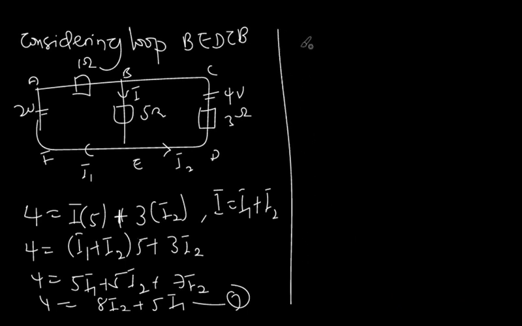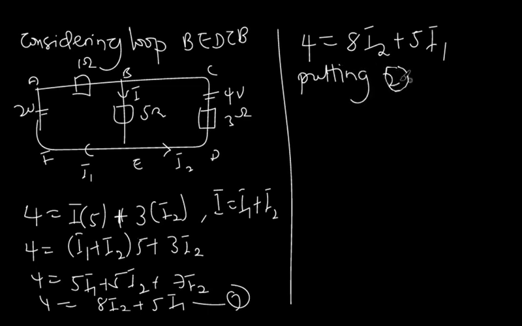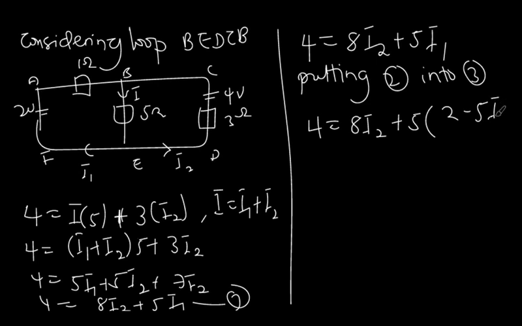Okay, so this is 8I2 plus 5I1. Now putting equation 2 into equation 3, we'll be having 4 is equal to 8I2 plus 5 into bracket I1 we had, which was 2 minus 5I2 divided by 6.